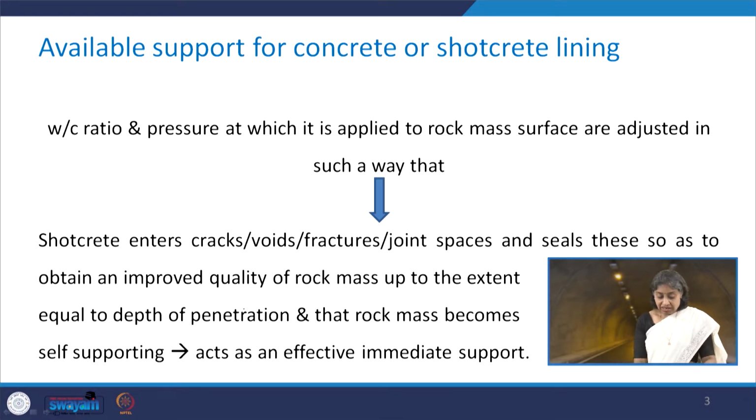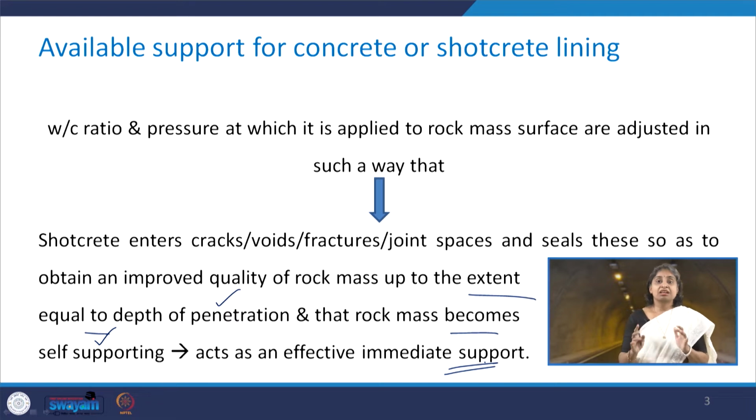Basically the extent will be equal to this depth of penetration, and the rock mass up to that extent may become self supporting, and the result is that it acts as an immediate and very effective support system. In most cases, as soon as you excavate the tunnel, you just spray a layer of shotcrete and it provides the immediate effective support.